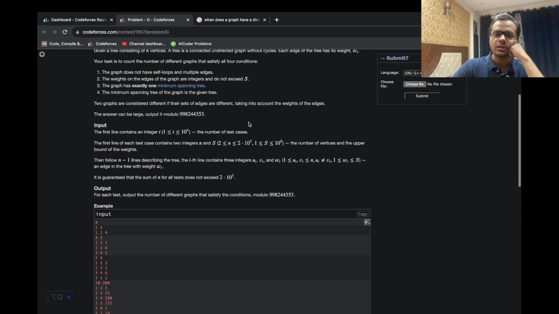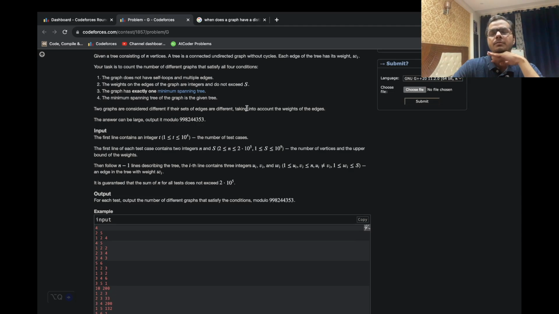Number of graphs which has this tree as the minimum spanning tree.